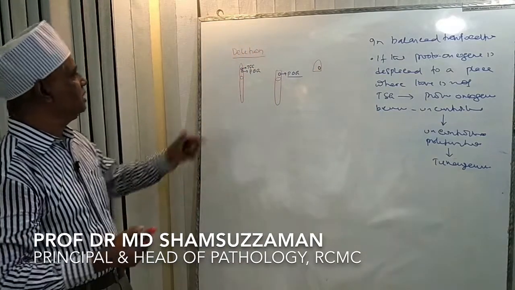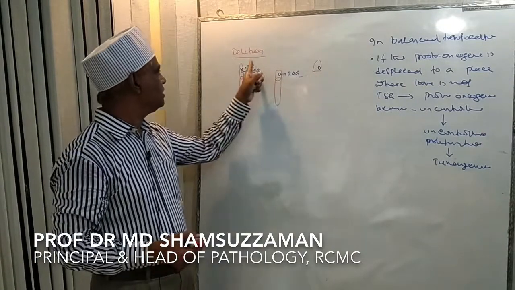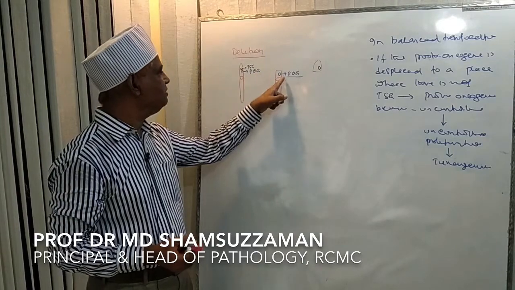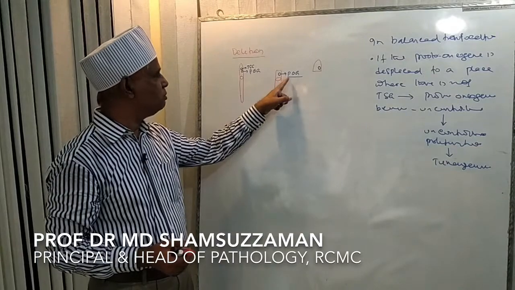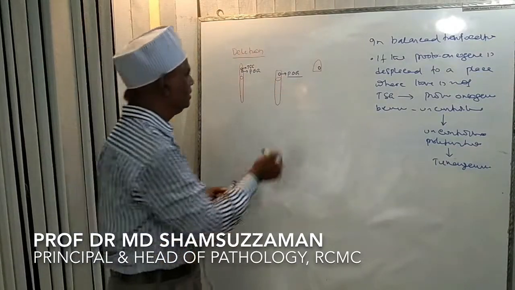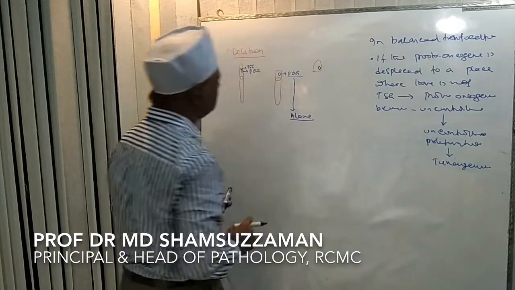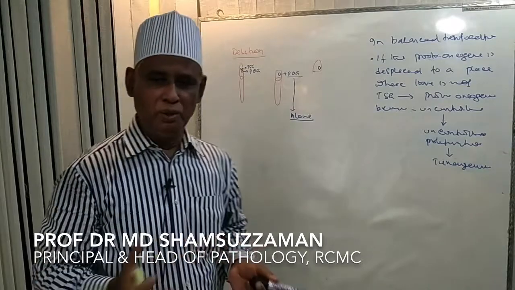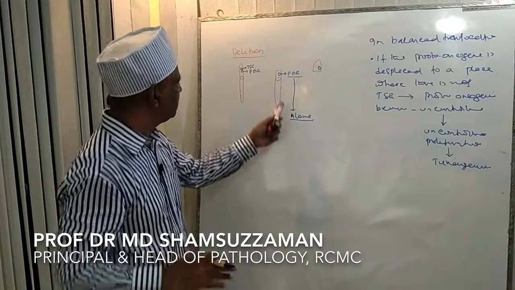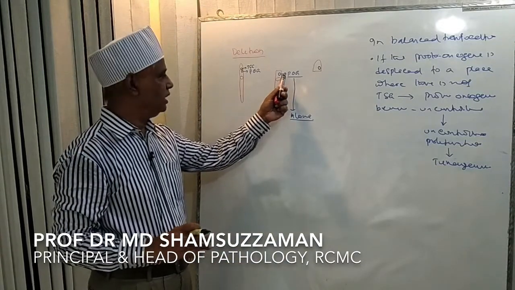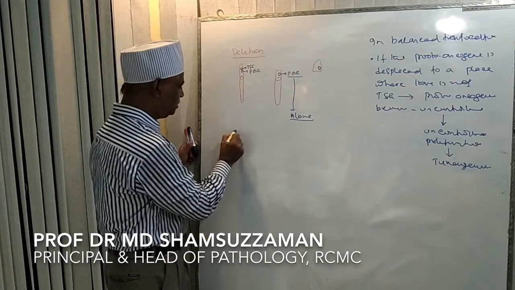So in deletion, if the part is deleted taking the tumor suppressor gene and leaving the proto-oncogene, in that case the proto-oncogene becomes alone. When the proto-oncogene becomes alone, there is no control of the tumor suppressor gene, so it becomes uncontrolled, and there is uncontrolled proliferation and tumorigenesis.